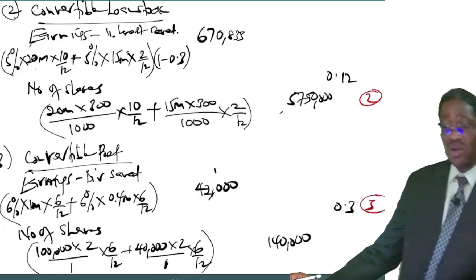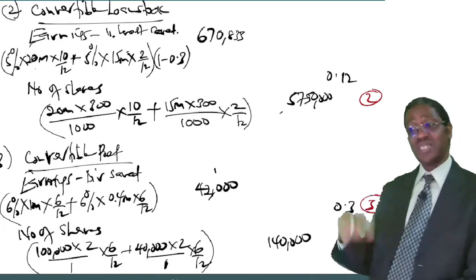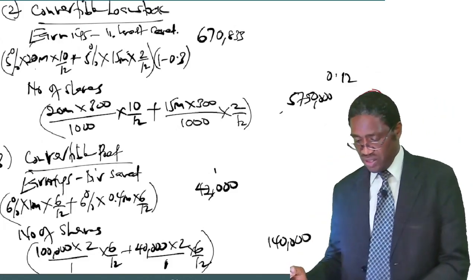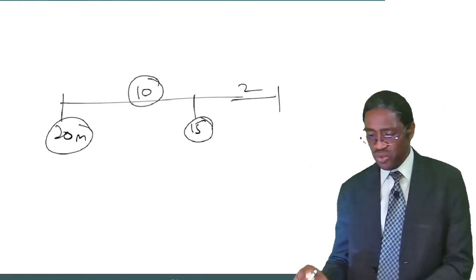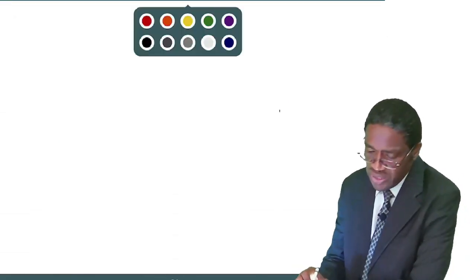Okay? Now that we have done that, now we can start diluting. Let's now do the diluted EPS as we come to the end of the question. You remember we said you need a table again.